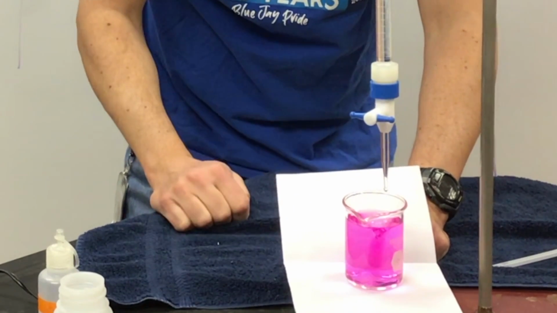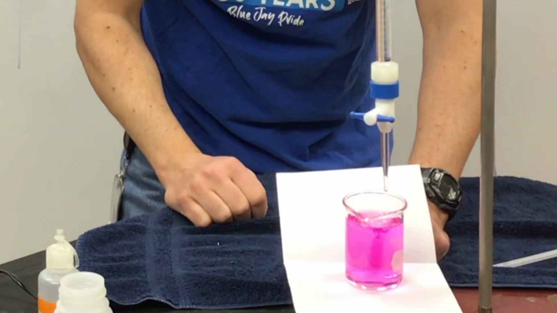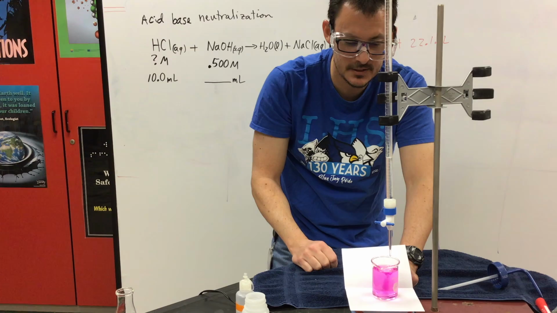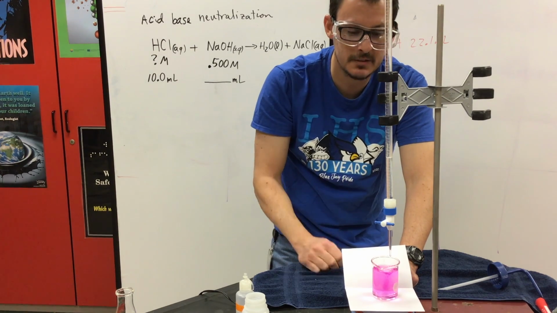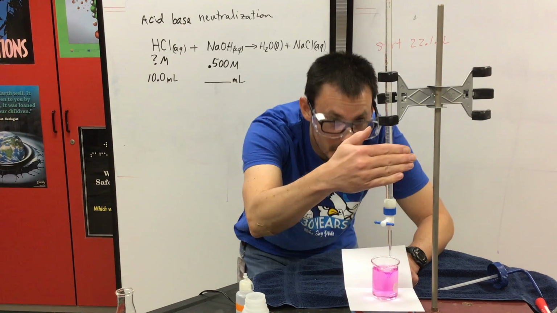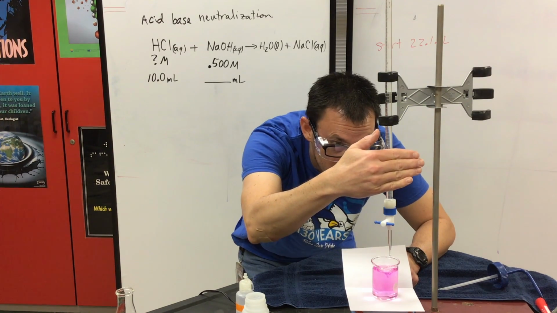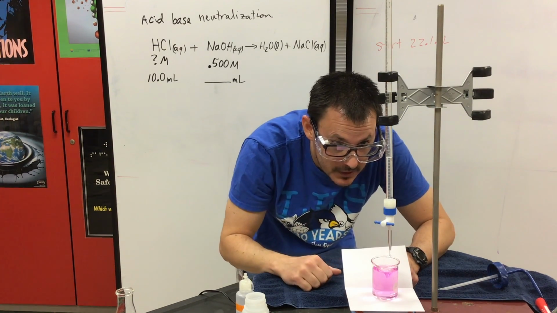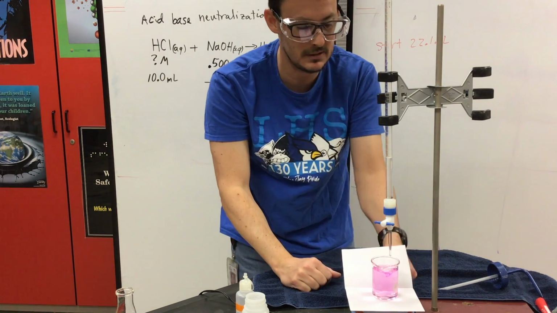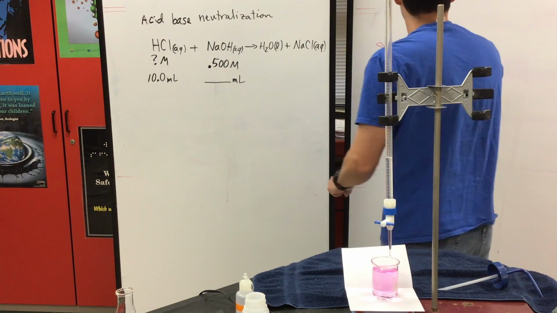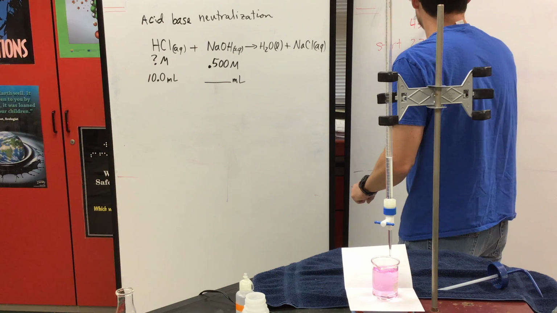We'll let it sit for a few seconds and double check that it stays. It looks like at this point, I would say it stays long enough. So we go back to our burette and we read, and it looks to me like about 43.3 milliliters.